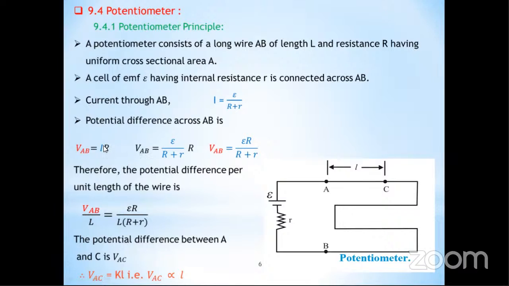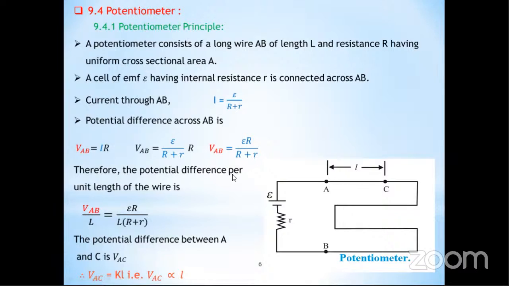So we have the formula for I, here I have given in blue ink, this value of I, E divided by R plus r, and R as it is. Therefore VAB is equal to E R divided by capital R plus small r.